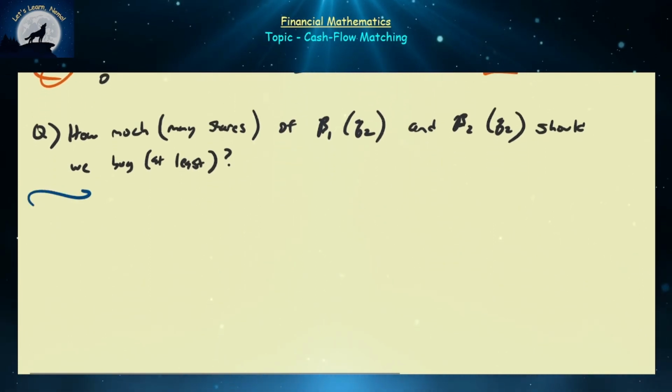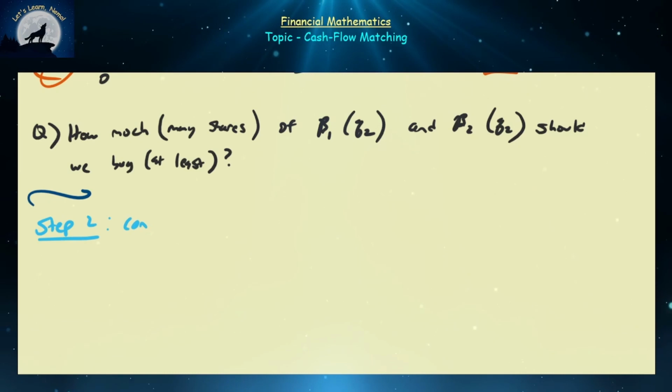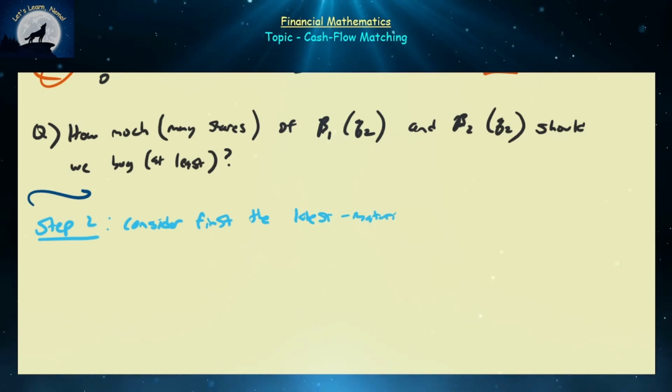The next thing that we need to do, let's call this step 2, is to consider first the latest maturity bond. For example, if we have two maturities of N1 and N2, we're going to be considering the one whose maturity time is bigger.